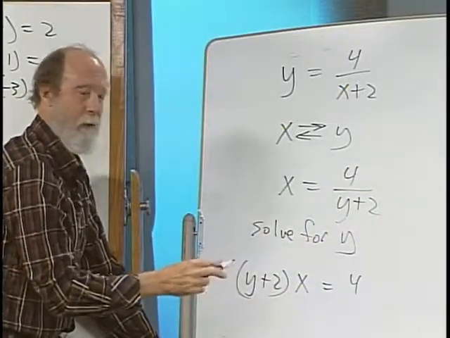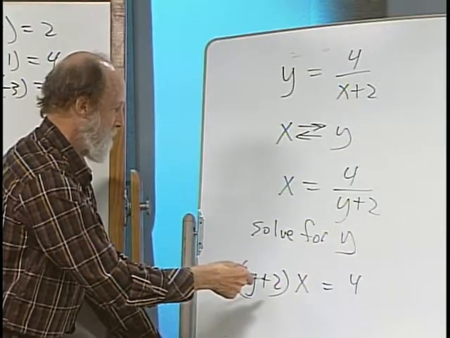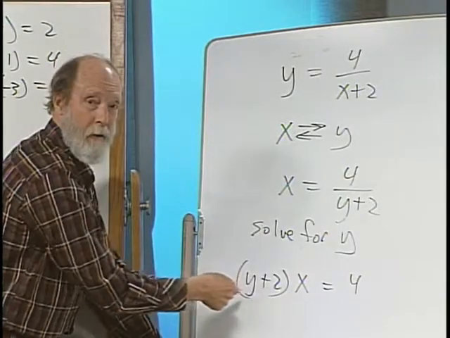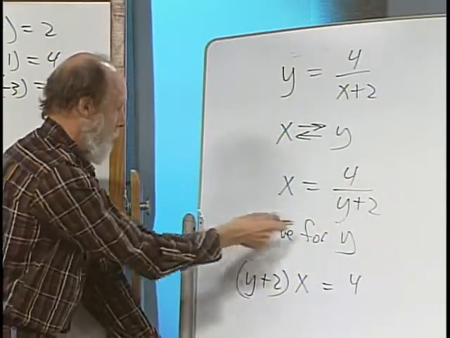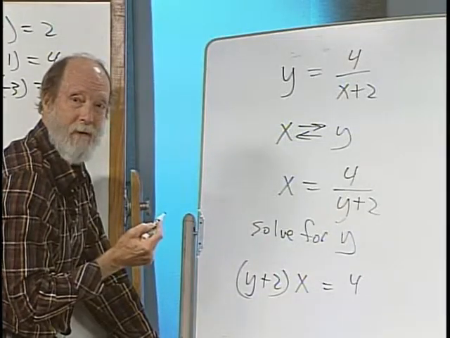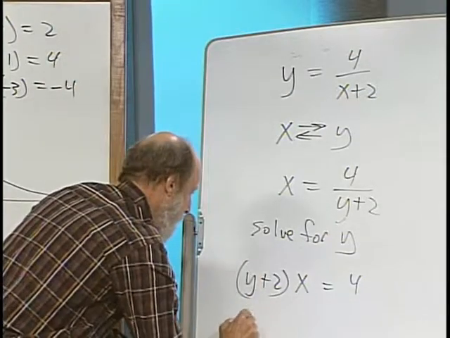And don't forget what we're trying to do here. What are we supposed to do here? Solve for y. So how do we solve for y? Probably distribute the x.